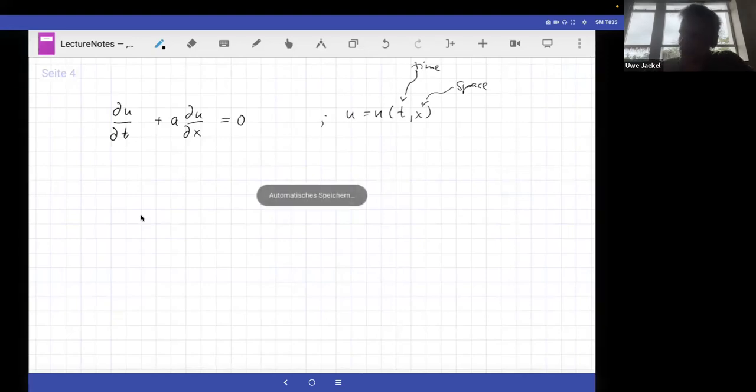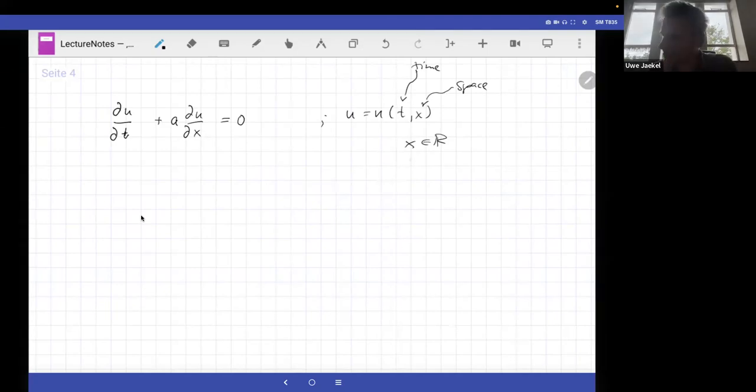And now let's assume that x is just an element of R, so we have an infinite extension. What is t? Usually we say we know the situation at one time. Let's get back to the traffic. We know the concentration at one time.